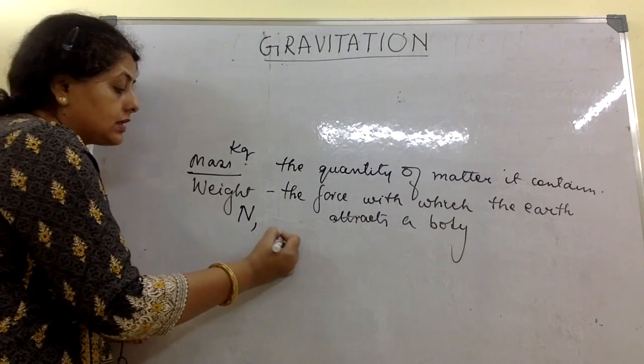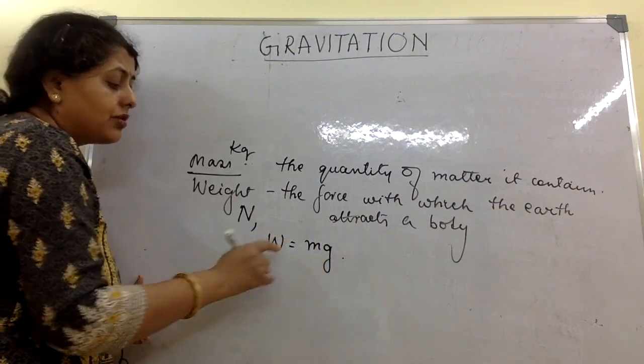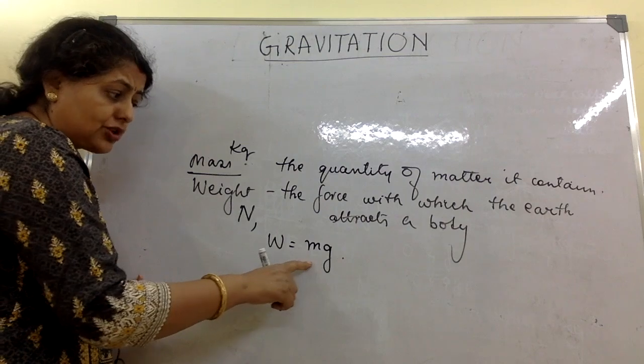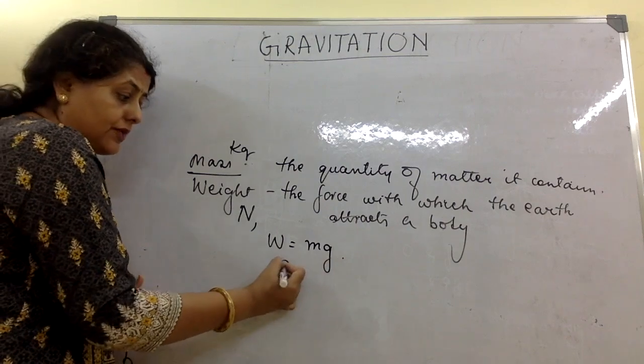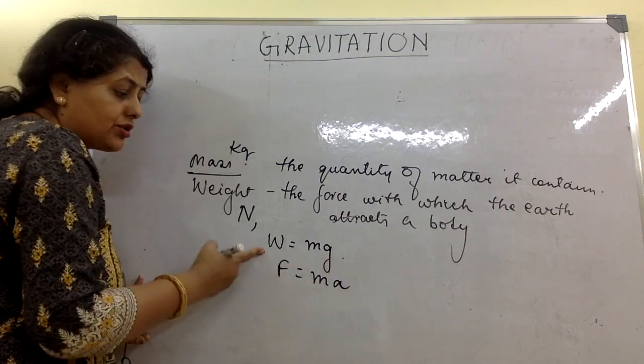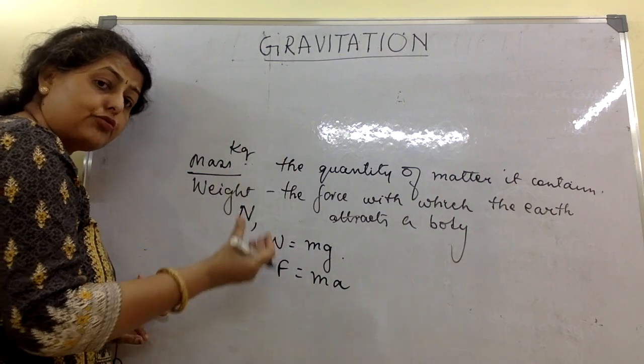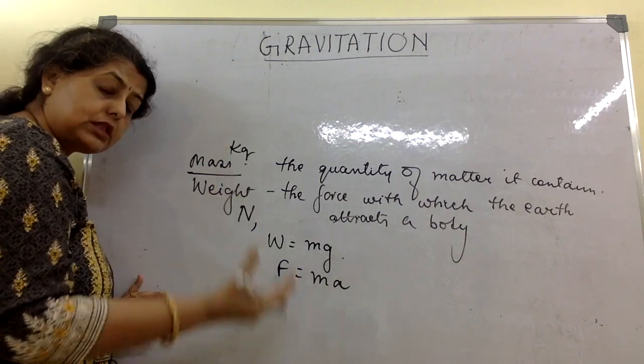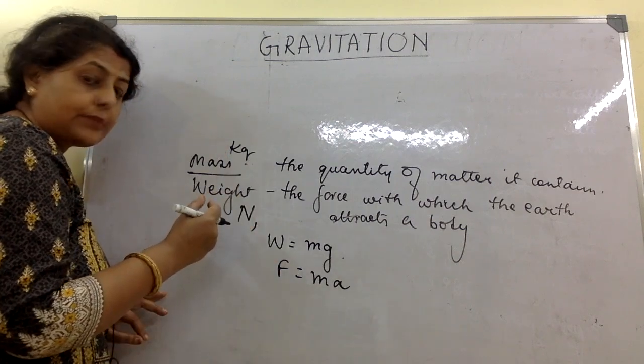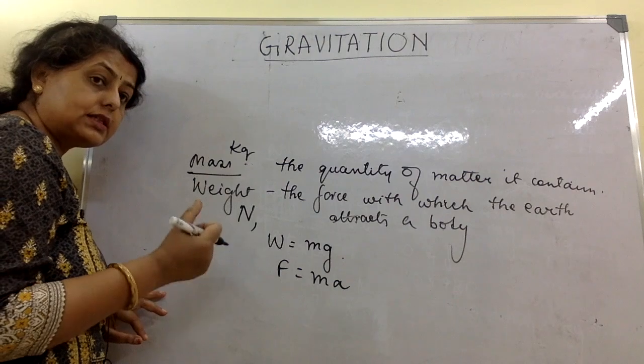Weight is equal to m into g. Now if you note clearly, this is actually mass into acceleration. So F is equal to m into a, we know. So this is only that force which is pulling a body towards it. The force with which the earth is pulling us is our weight. Mass is how much of matter is contained in us.